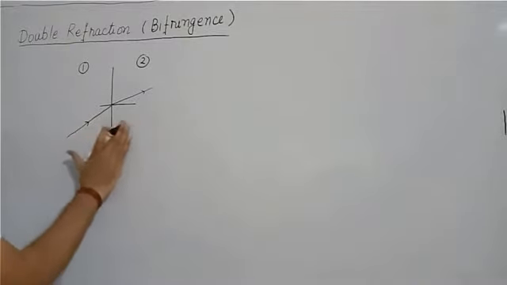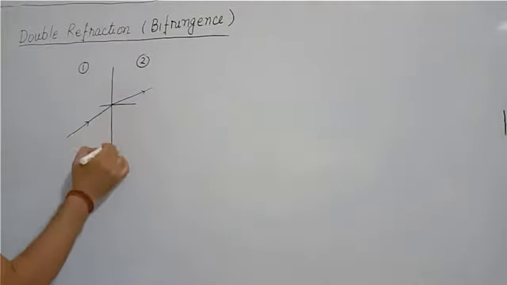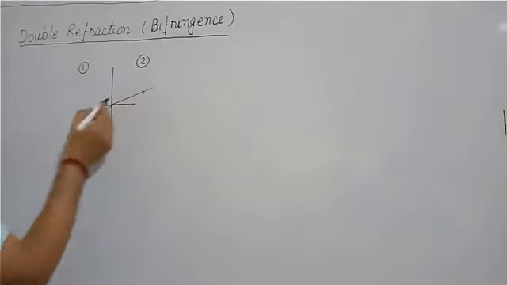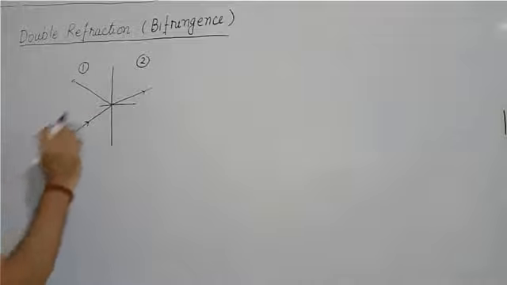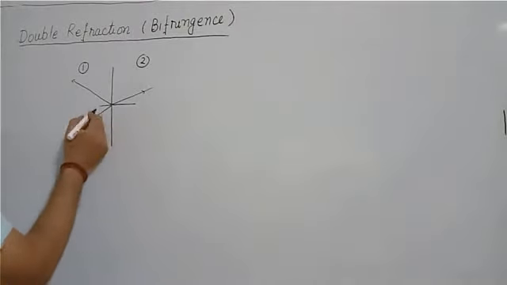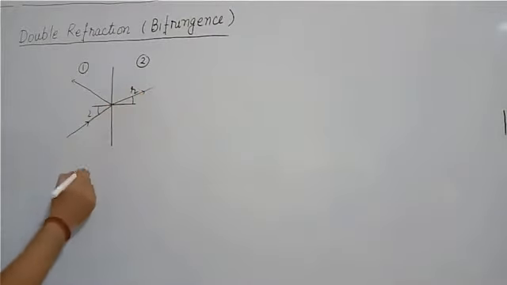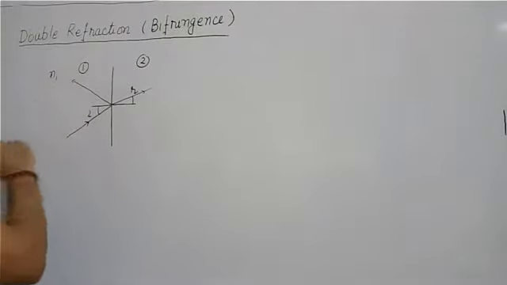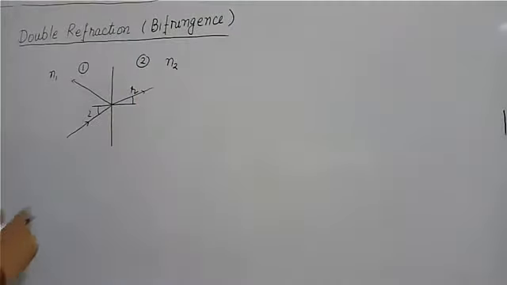So in this ordinary refraction, when one ray of light is incident on the interface separating two mediums, a part of it will enter into the other medium and a part of it will be reflected. This is known as ordinary refraction, and if this angle is i and this angle is suppose r, then it follows Snell's law, and here I am assuming the refractive index of the first medium is n1 and the refractive index of the second medium is n2.